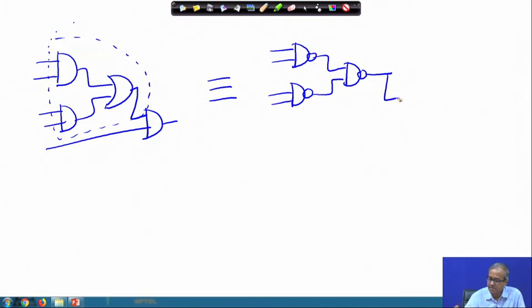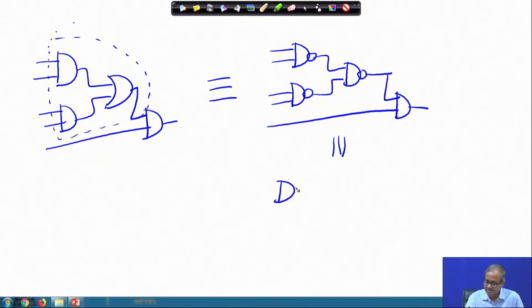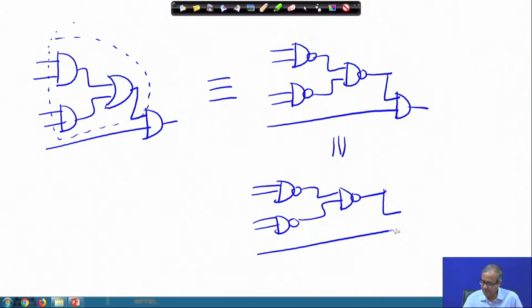Then lastly, we have an AND gate here. Now, what is an AND gate? We can write it like this. These are already in NAND, and this AND gate you can implement using a NAND gate followed by a NOT gate.